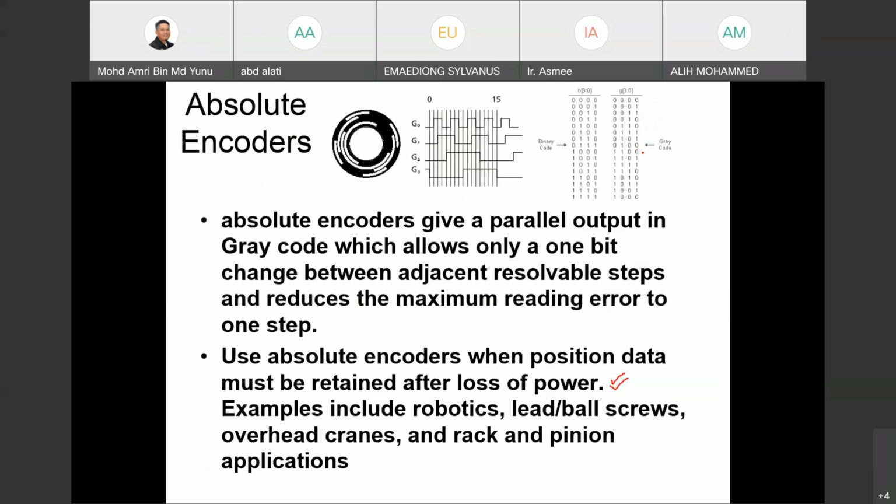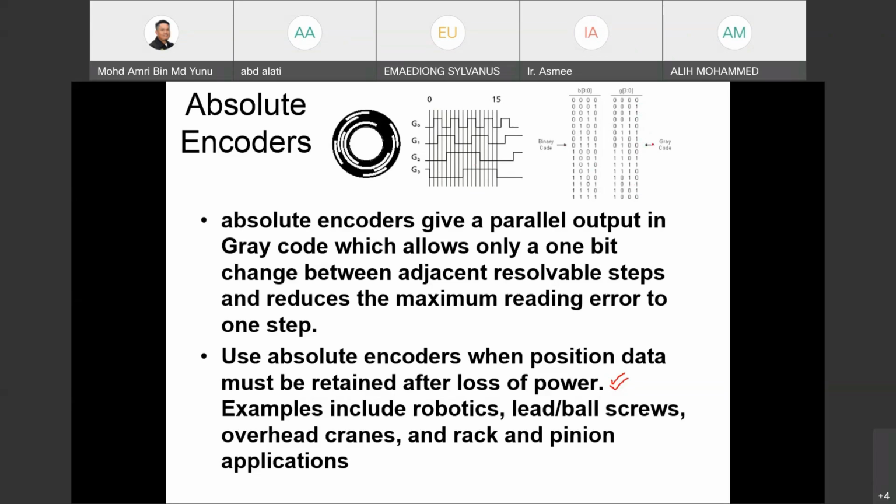So the advantage is to reduce false detection. If, let's say, multiple bits or multiple code outputs change at one step, it will have a high tendency to cause a false detection.